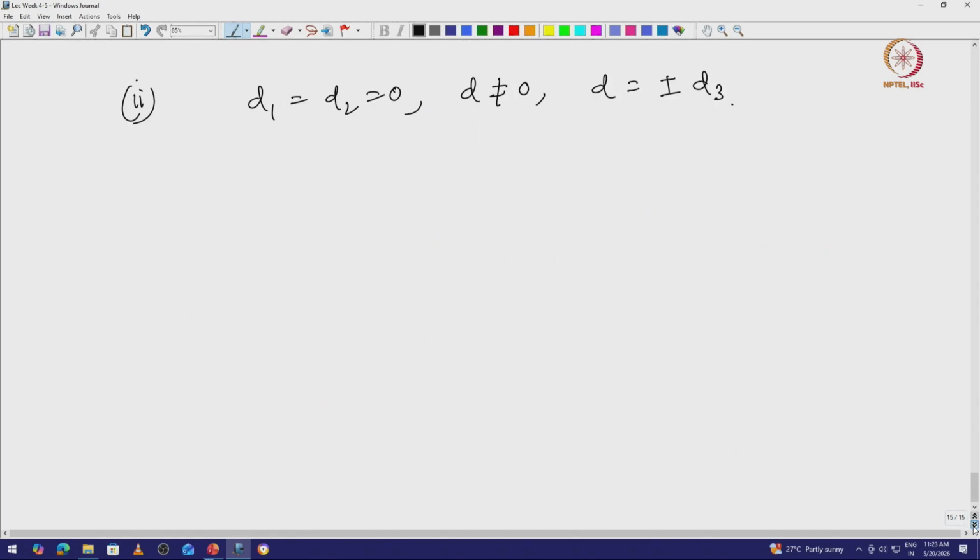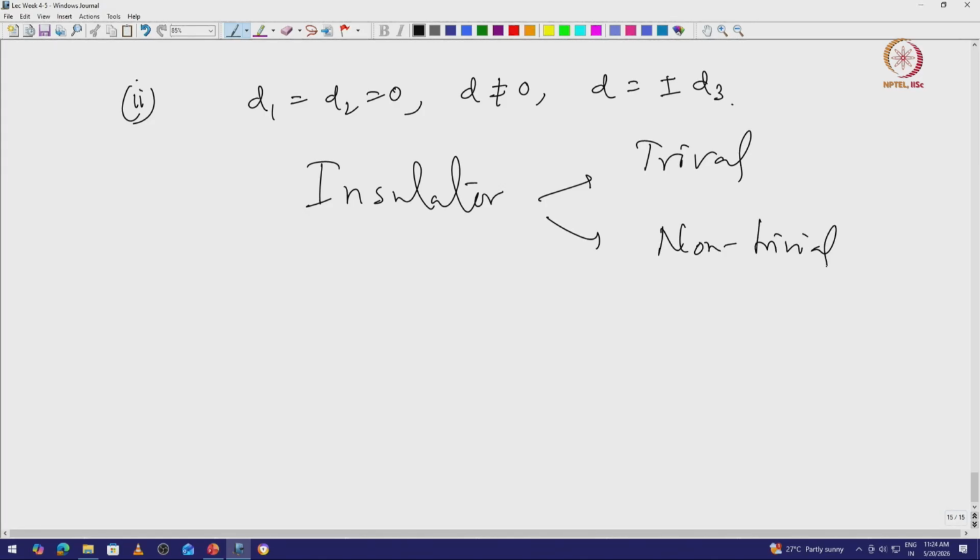All right. And this will lead to an insulator, trivial or non-trivial, called Chern insulator.